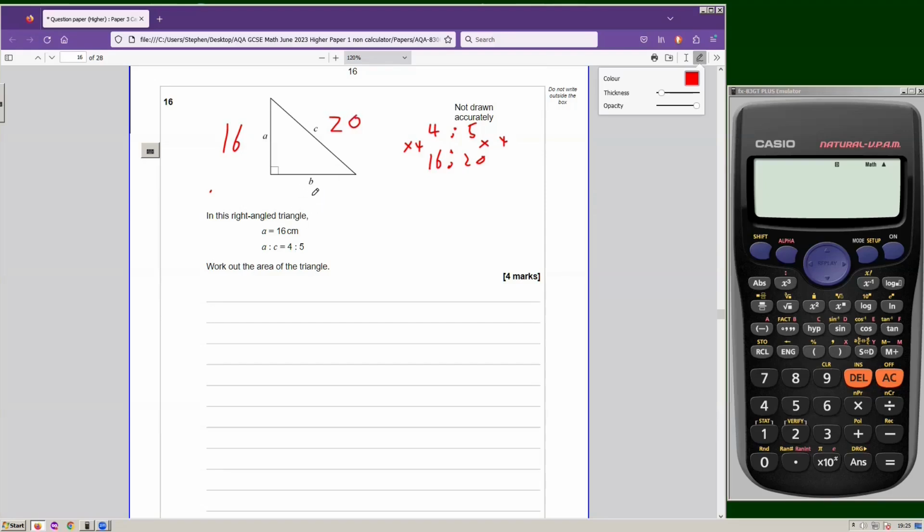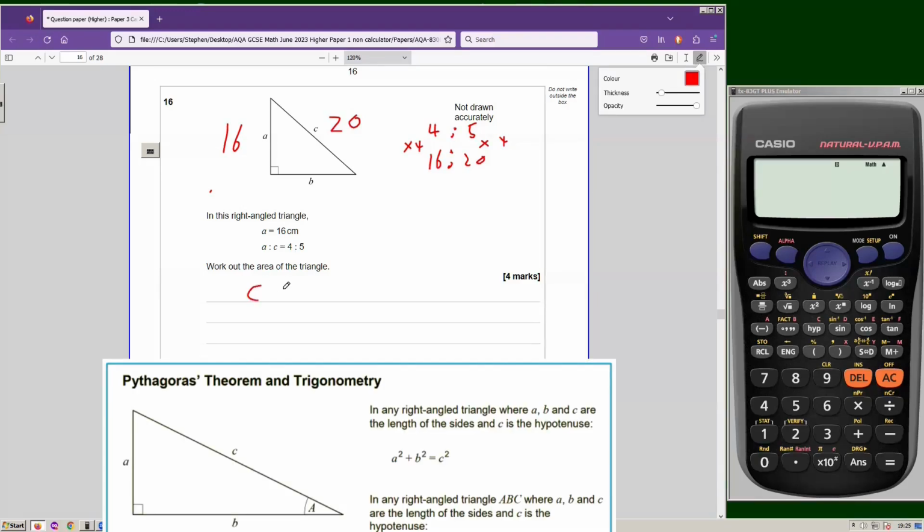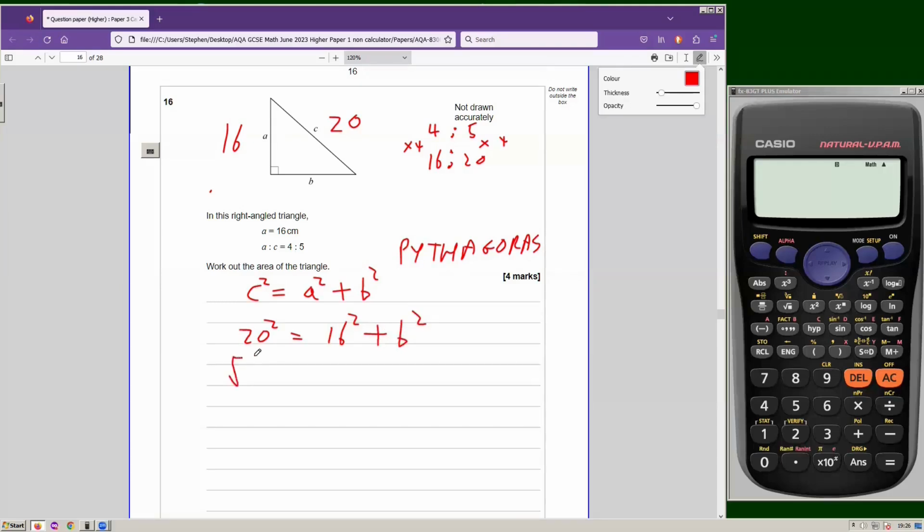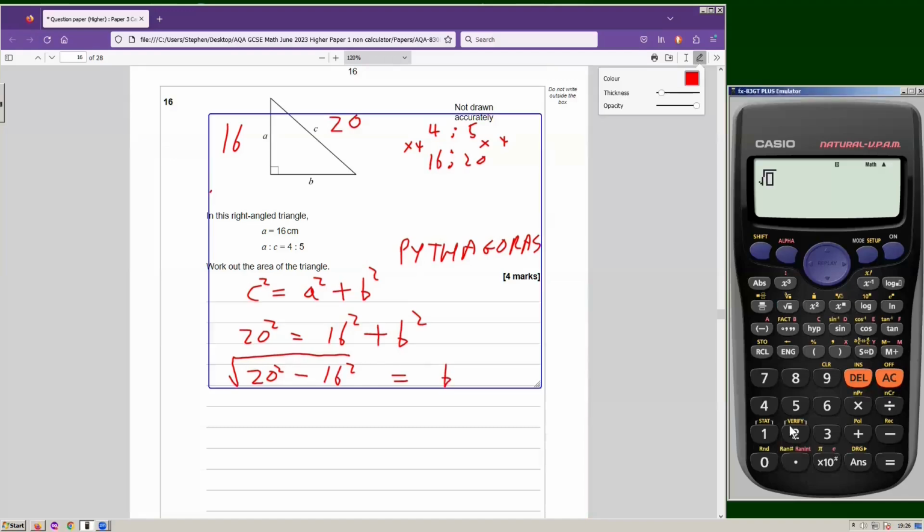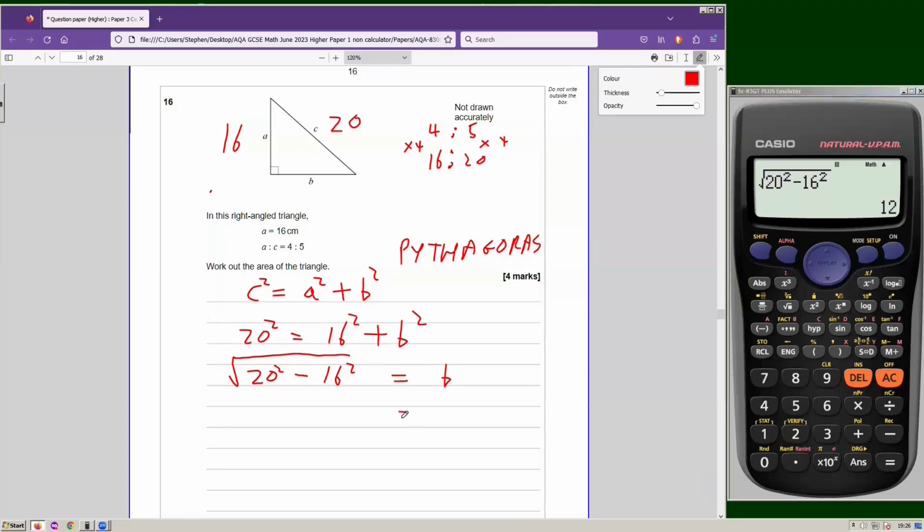We need to know B, then we can use half the base times the height. So what we're going to do is we're going to say C squared equals A squared plus B squared. Put in the things we know, 20 squared, this is Pythag, equals, and I just like to put it all in like this, 16 squared plus b squared, then move it around, the square root of 20 squared minus 16 squared equals b, equals 12.